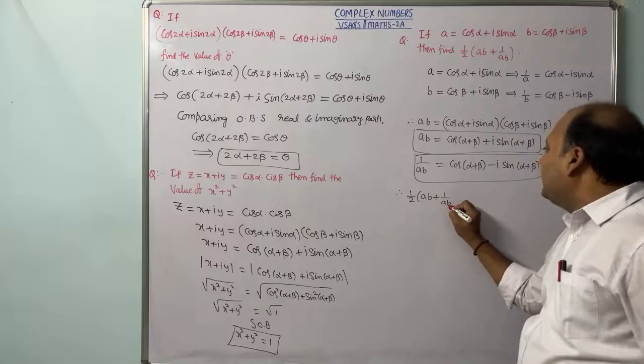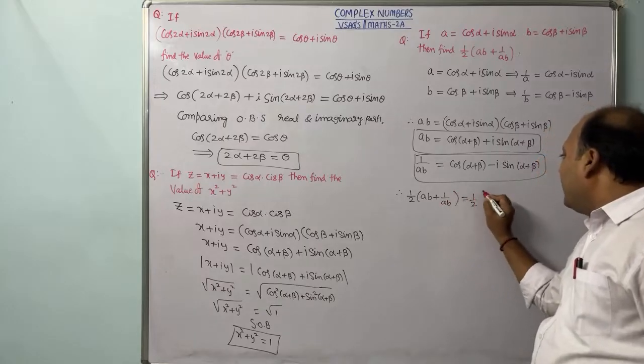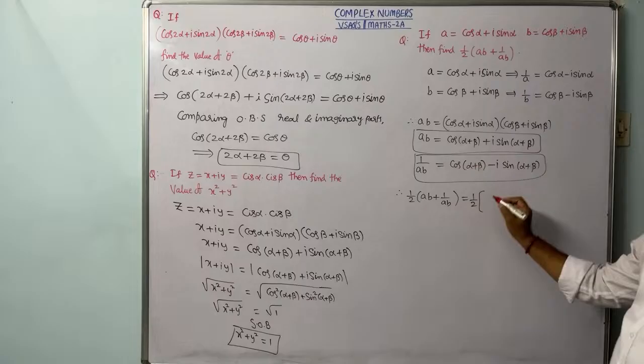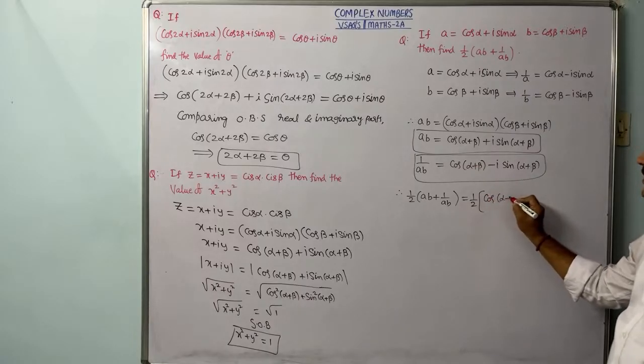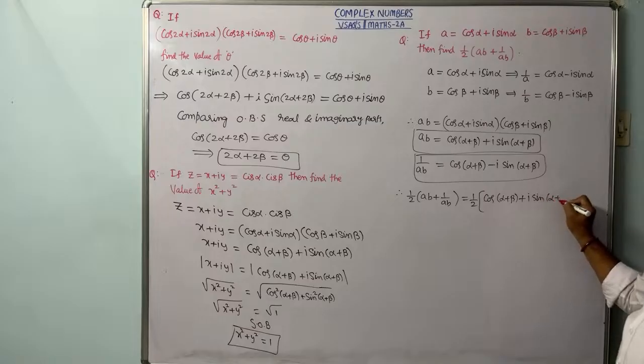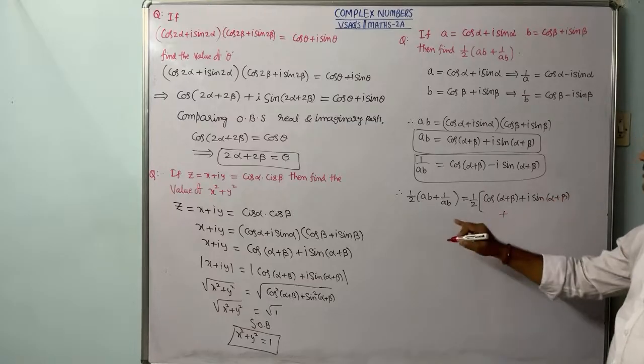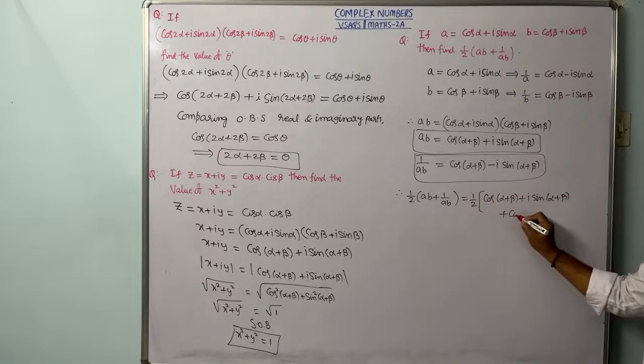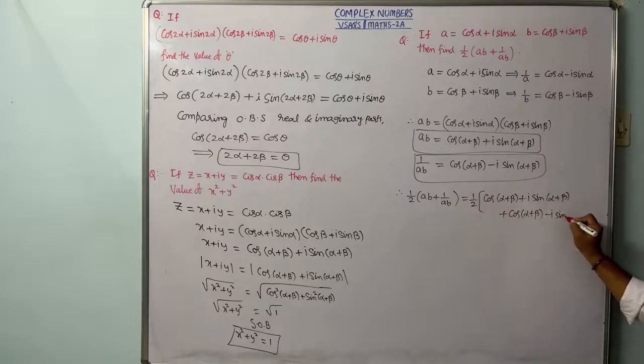So they are asking to find half into (ab + 1 by ab), which is equal to 1 by 2, keep bracket, ab value, cos of (α + β) plus i sin (α + β), plus 1 by ab, means cos of (α + β) minus i sin (α + β).